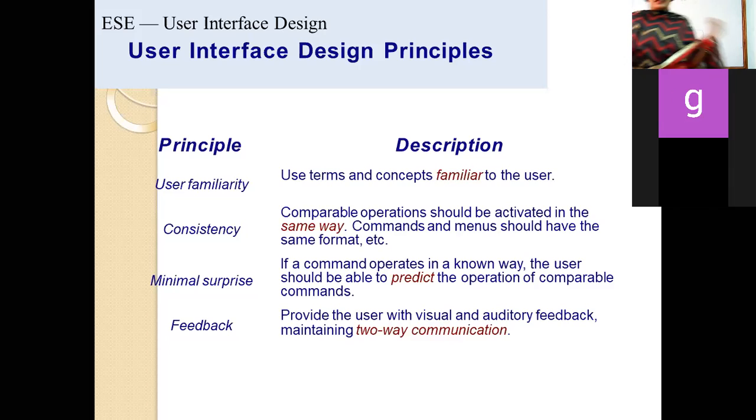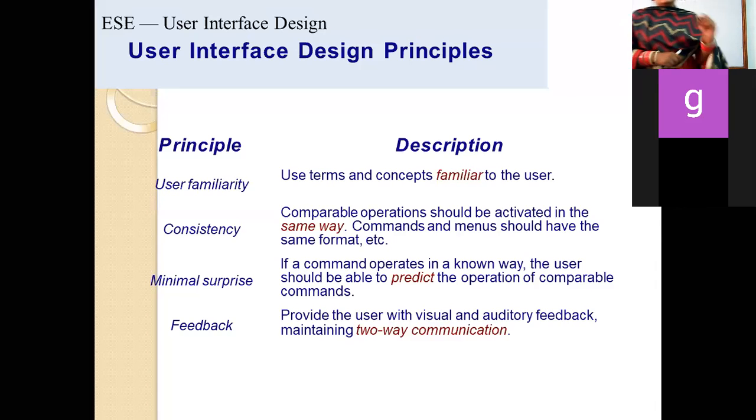Next is minimal surprise. If a command operates in a known way, the user should be able to predict the operation of the comparable command. The user should not feel surprised that this command works this way. It should be easily understandable to the user. If the user doesn't know, the user can try, thinking it may work like this.